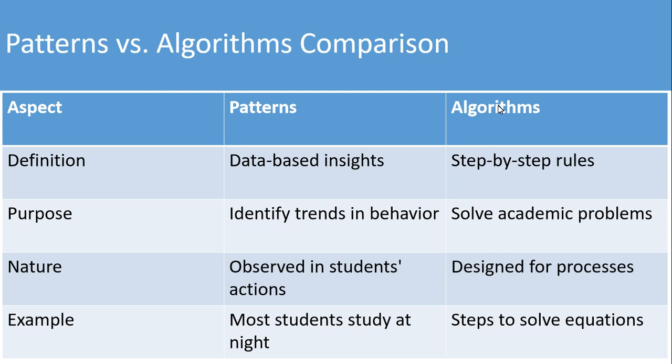An example of a pattern: most students study at night, especially in private universities. But in algorithms, the steps solve equations, maybe LU decomposition, inverse matrix, quadratic equations, finding the data, and so on.